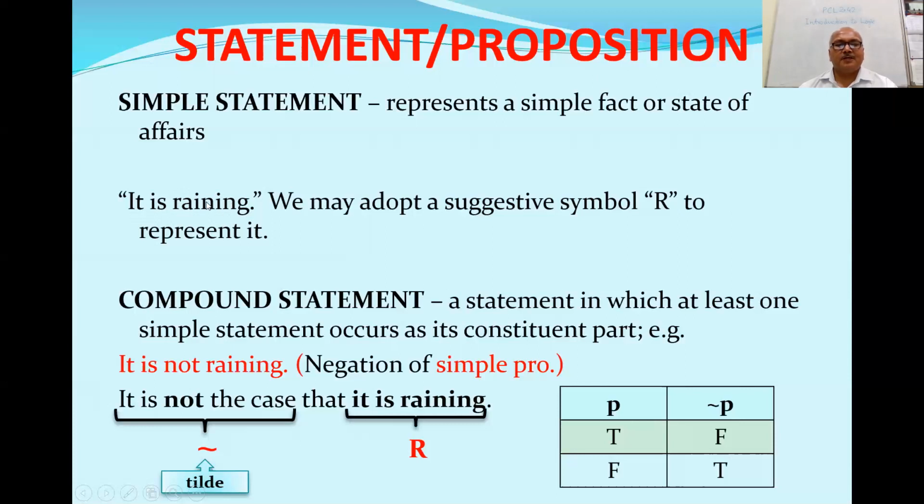So we can arbitrarily take a particular symbol, but the only precaution required is that whenever we choose a symbol for that particular statement, that symbol is reserved for all the occurrences of that statement. We do not adopt a different symbol for a different occurrence of the same statement.